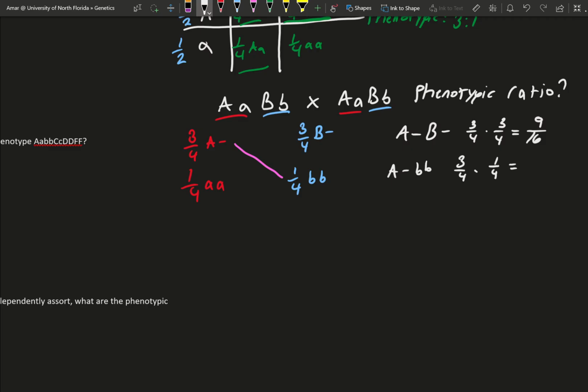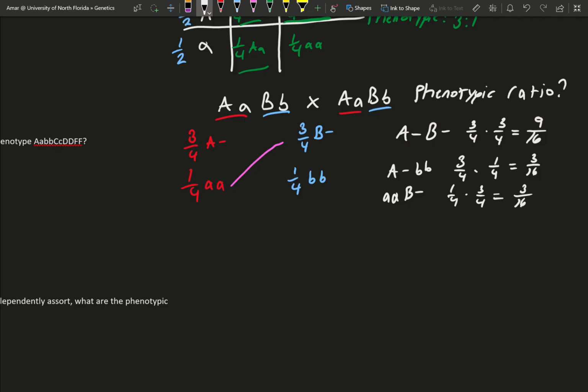That is 3/16. Okay. So now we're going to continue the pattern as well. Little a crossed with big B whatever. So little a, big B whatever phenotype is 1/4 multiplied by 3/4, which should be equal to 3/16.